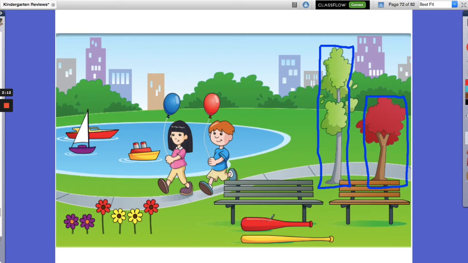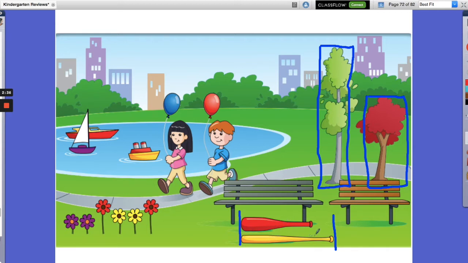So for the red bat and the yellow bat, we want to use those words to compare those two bats. And again, because they're lined up side by side, I can tell that this yellow bat is longer than the red bat. So our vocabulary word we use there is longer.